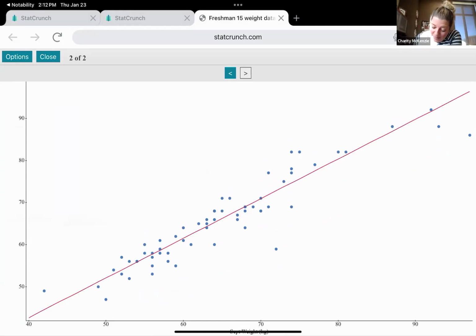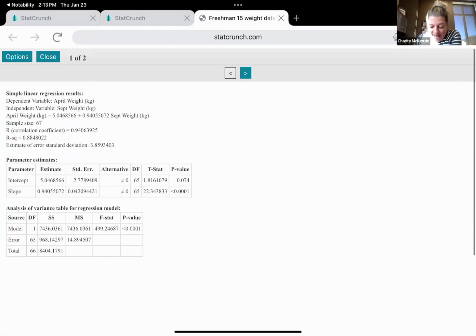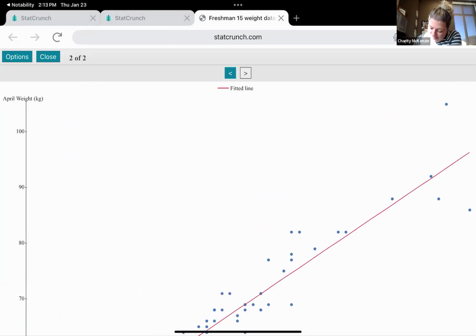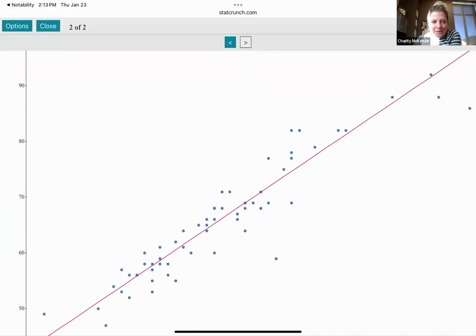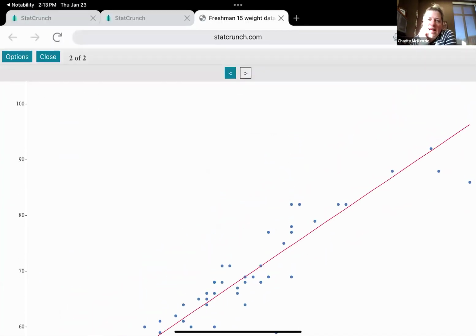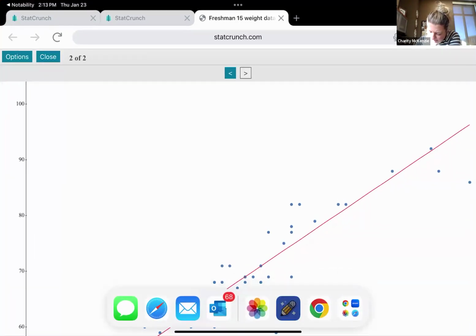Okay, so I can go back, I can get the equation, I can get the correlation, I can see it's positive, close to 1. All of this, the p-value, these parameter estimations, those we'll use later. And then this is the other part that you might want to use. So you'll probably in your homework have to pick which scatter plot and what is the R and what is the equation, the line of best fit.